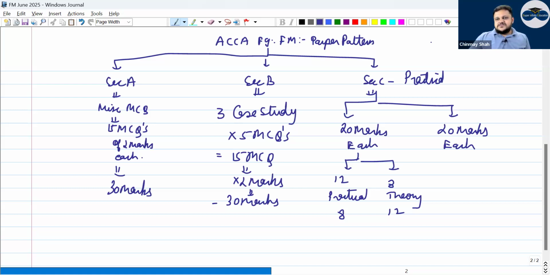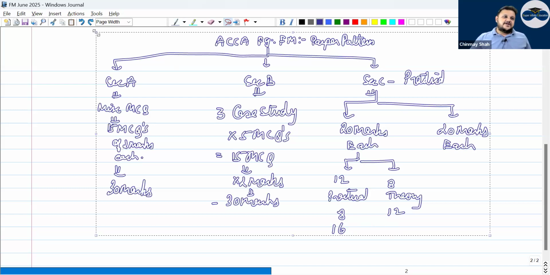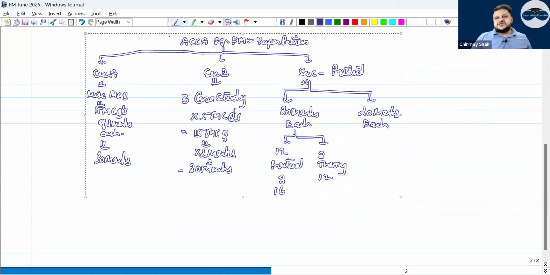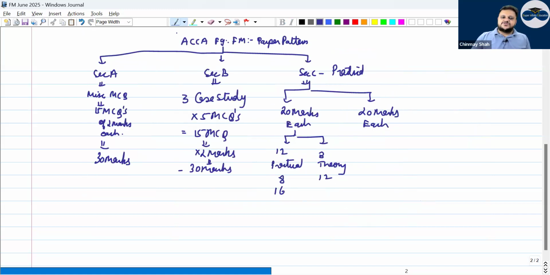At times even 16 and 4, or 15 and 5 has come up. So any possibility of 16 to 4 or 8 to 12 can come up in the exam. Minimum 8 to 10 marks of practical comes up in the exam for one question.